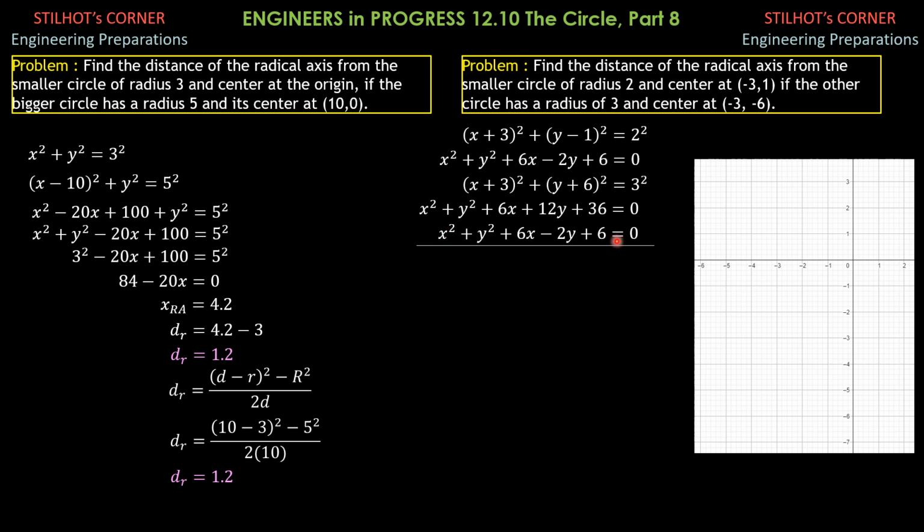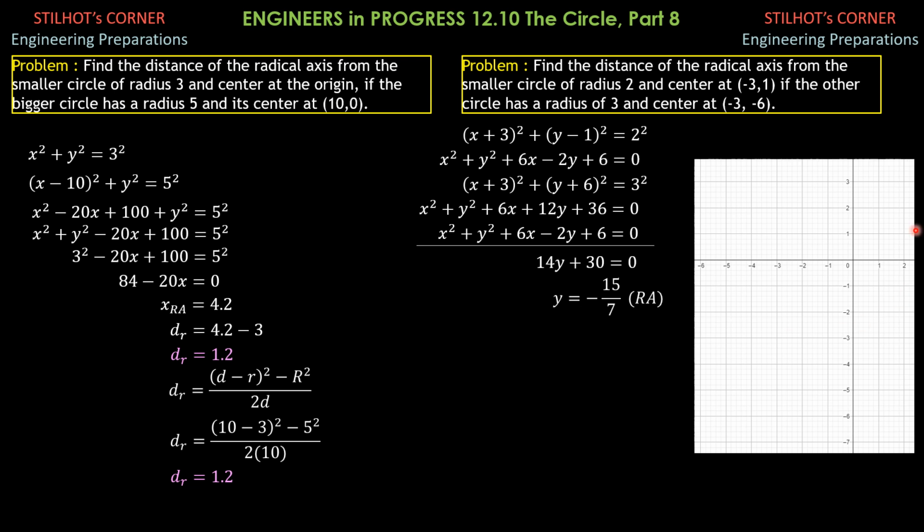So the simplification after we subtract is 14y plus 30 equals 0. Therefore, the equation of the radical axis is y equals negative 30 over 14, and that is y equals negative 15 over 7. So that's the radical axis.